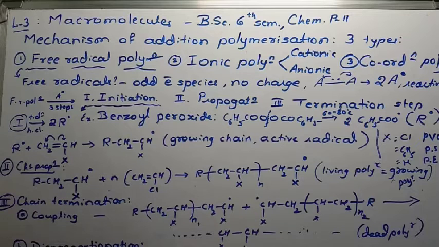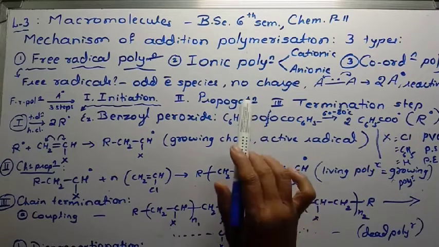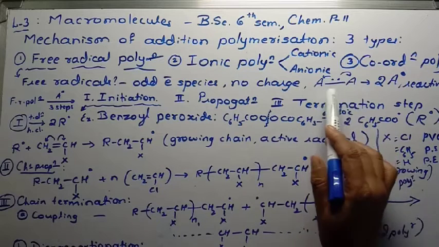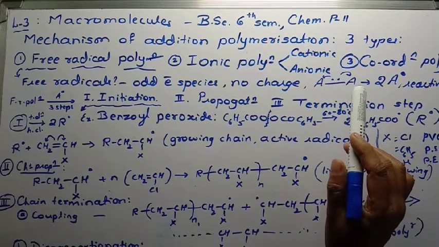What do we mean by free radicals? Free radicals are odd electron species which carry no charge. Say, for example, A2 is a molecule.